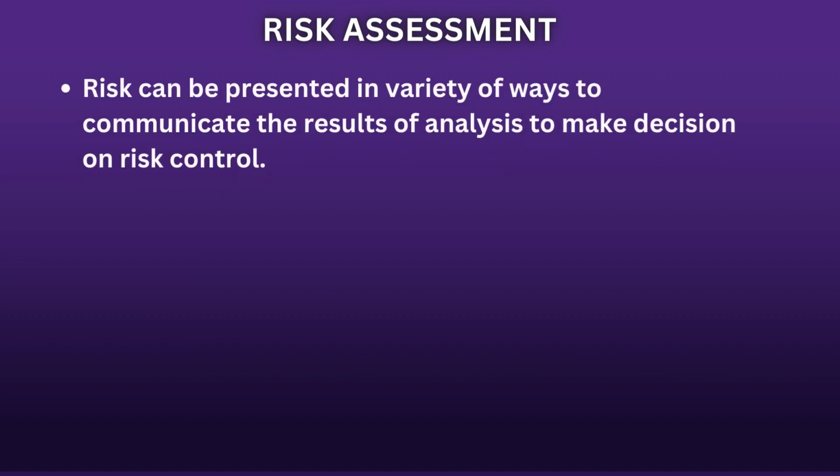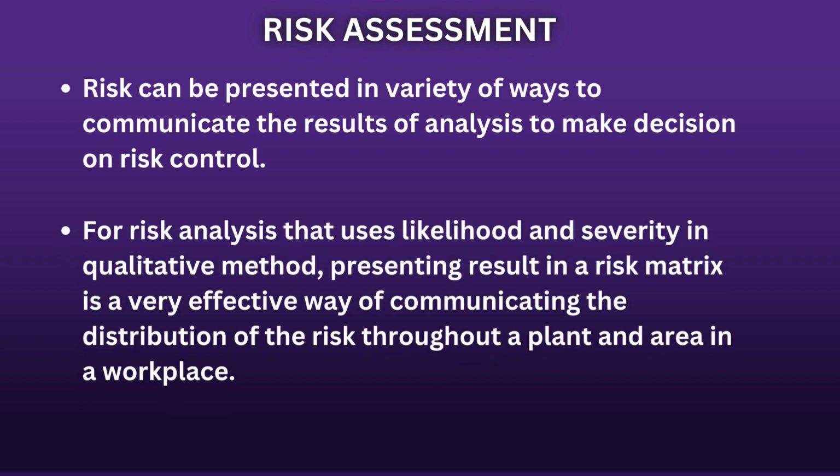Then risk assessment. Risk can be presented in a variety of ways to communicate the result of analysis to make decisions on risk control. For risk analysis that uses likelihood and severity in a qualitative method, presenting the result in a risk matrix is a very effective way of communicating the distribution of the risk throughout a plant and area in the workplace.